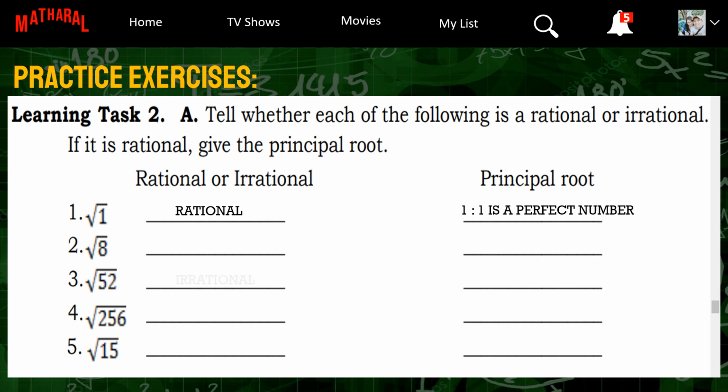For the second example, the square root of 8 is irrational, because there is no such number that multiplied by itself is 8.